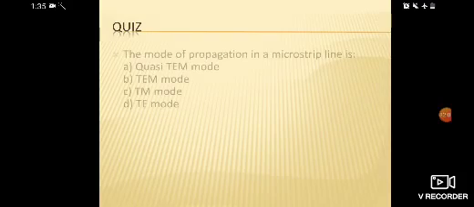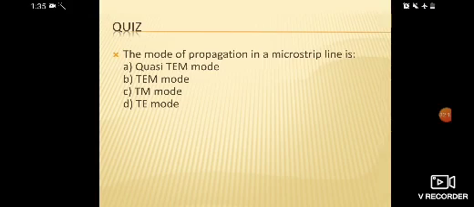The next question. The mode of propagation in a microstrip line. What does a microstrip line mean? It is nothing but a microwave link. Using the microwave link, we have different types, which are called microstrip line.